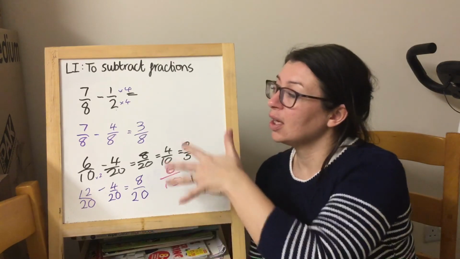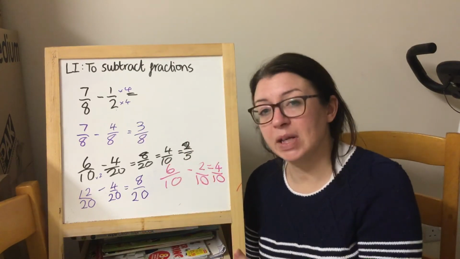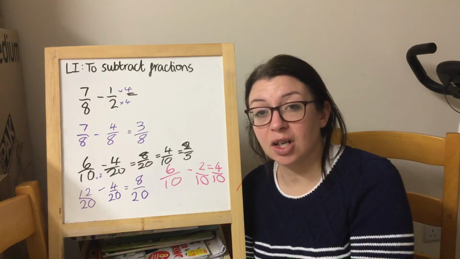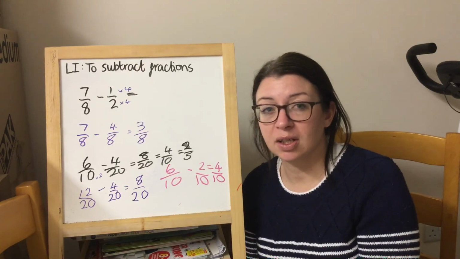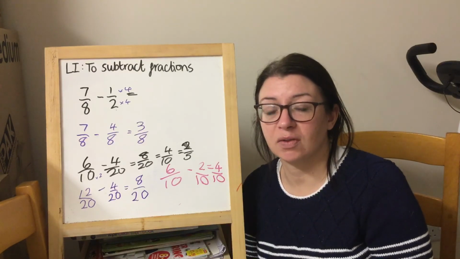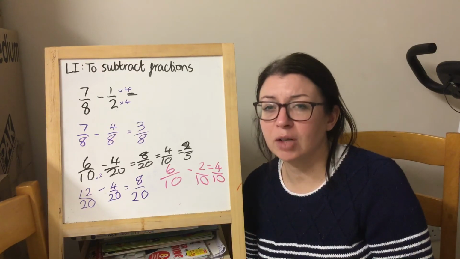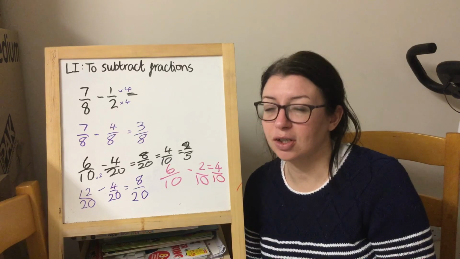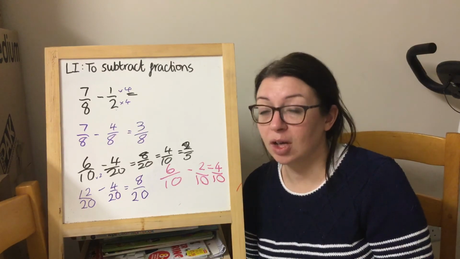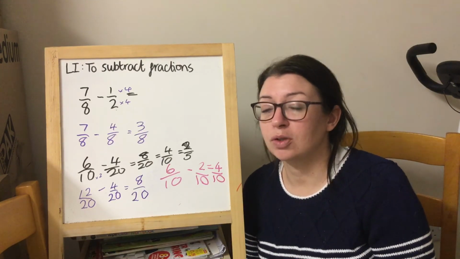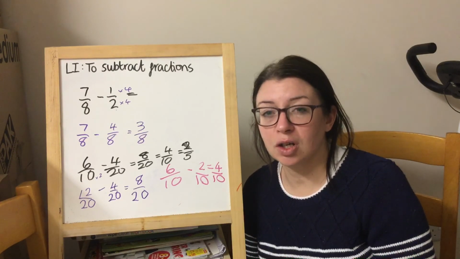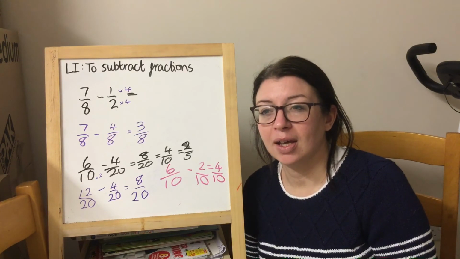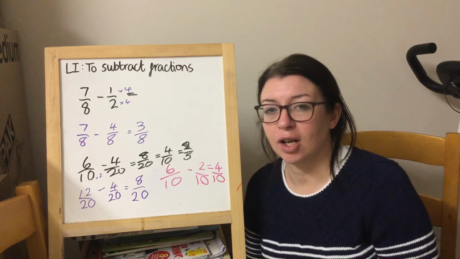So if you're finding the first bit easy, get us to check it, make sure it's right, just like we would do in class, and then move on to the trickier stuff if that's how you want to do it. I really want some of you to start challenging yourselves, because I know that some of you can do it. You only have maths for an hour, so don't do the same thing over and over again. Choose ones that you know you can do, get the method underway, get it right, and then move on to challenge yourselves.